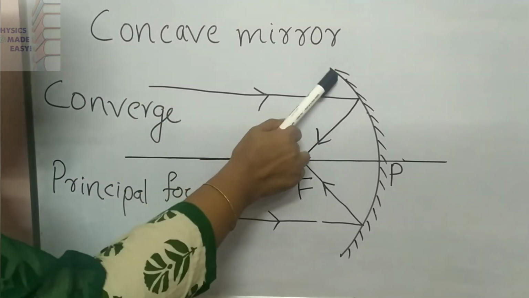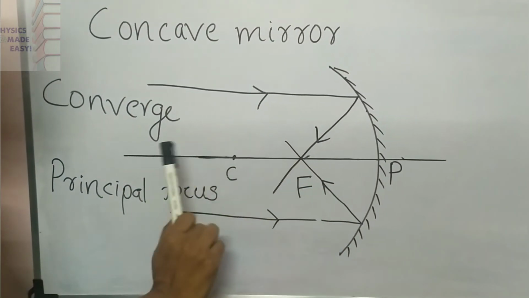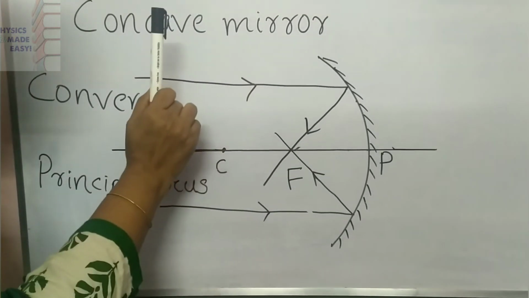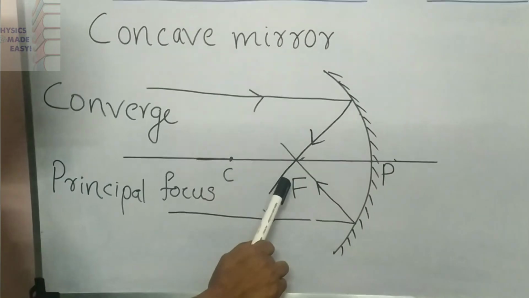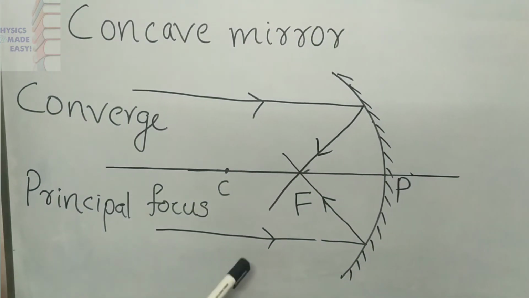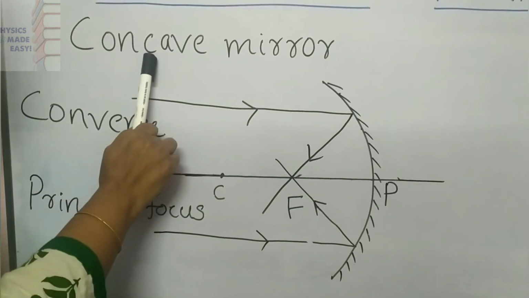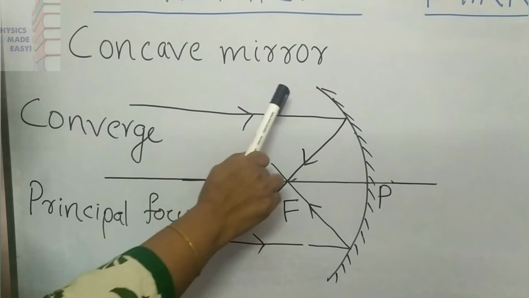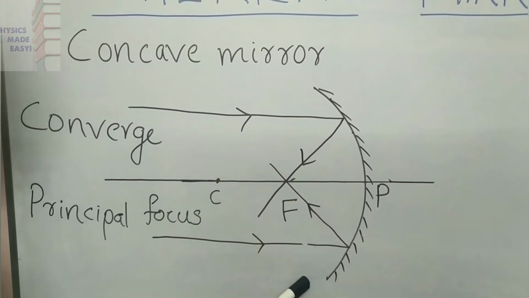Listen here, this is the reflecting surface, and the reflecting surface is curved inwards. You can see that in the case of this concave mirror, the principal focus is in front of the mirror, in front of the reflecting surface.